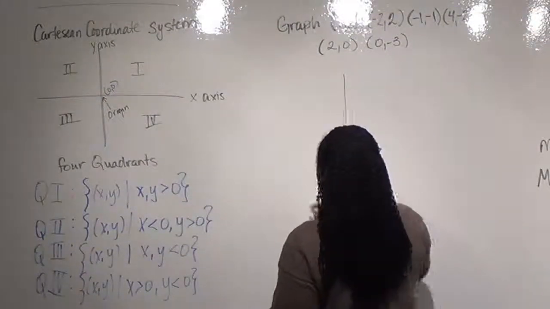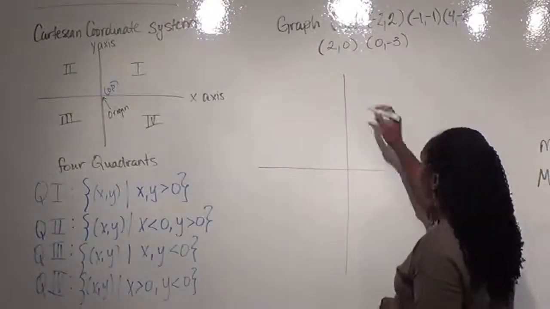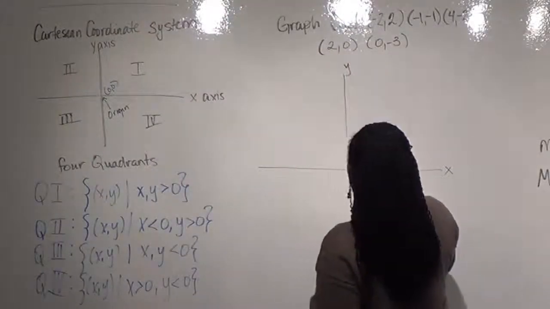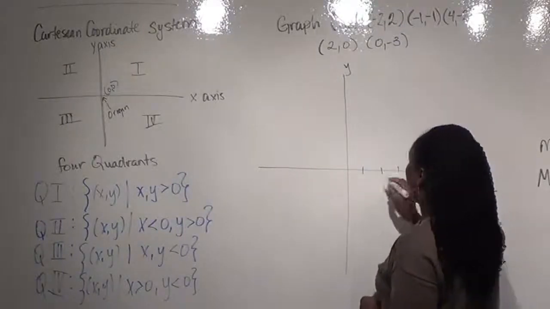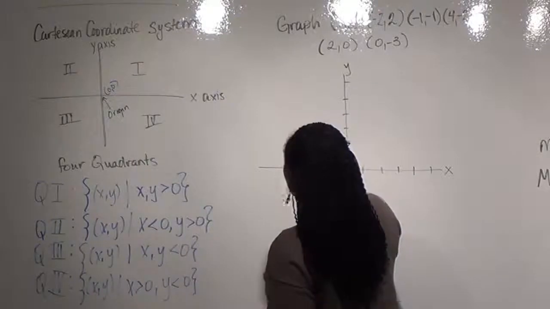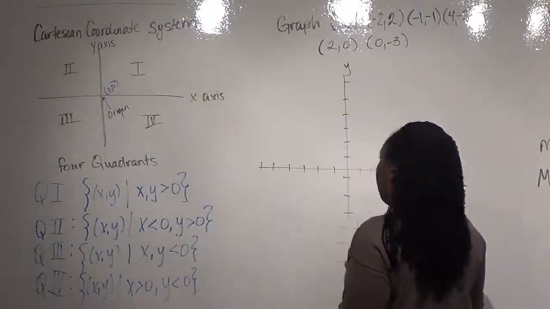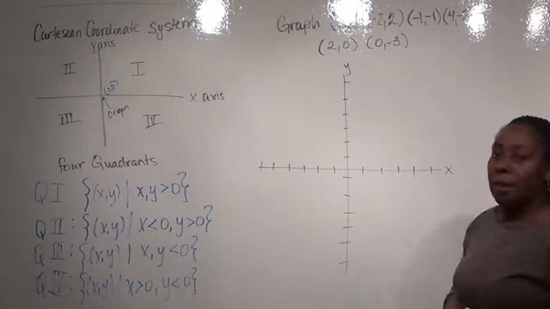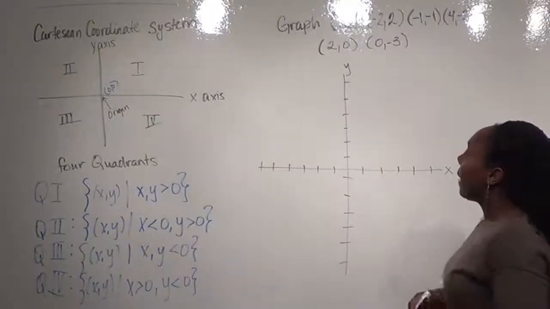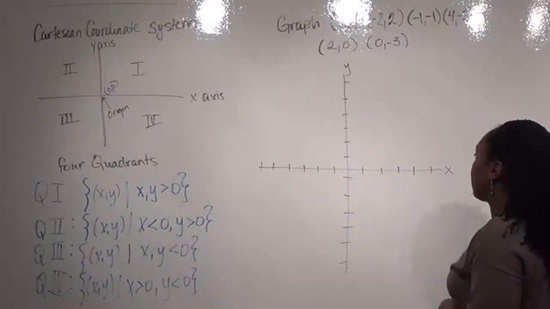So in this example here, we just want to graph some of these points. And here I'm going to show you how your graphs should look on your homeworks, or whenever you're asked to graph something. First thing you're going to do is lay out your coordinate system, and you should label your axes, so your x's and y's.